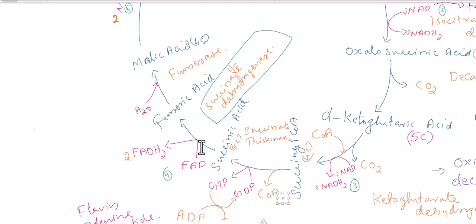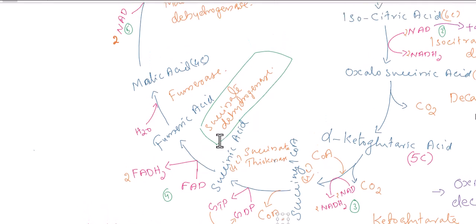Another important thing is that the enzyme for this conversion is succinate dehydrogenase complex. This enzyme is attached to the inner membrane of the mitochondria.